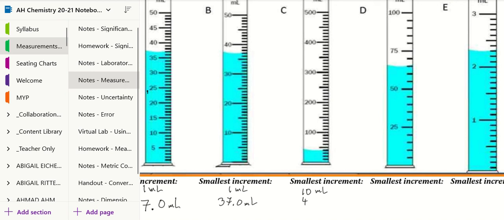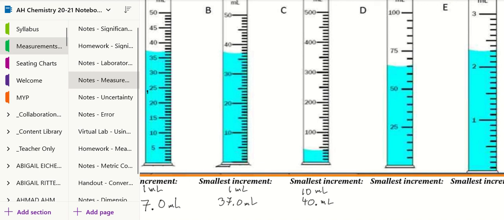No. We're still going to include the 0. Why? It's our estimated value. And so what do we need to put at the end of our number to communicate that? Decimal point. And then we need a unit in the end. Okay? So in this number, the ones place is your estimated digit.